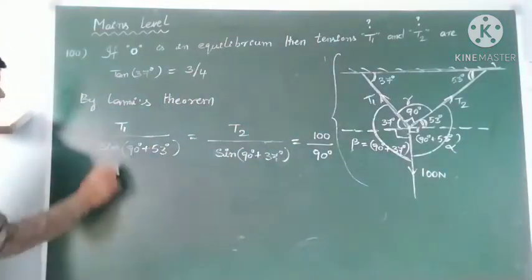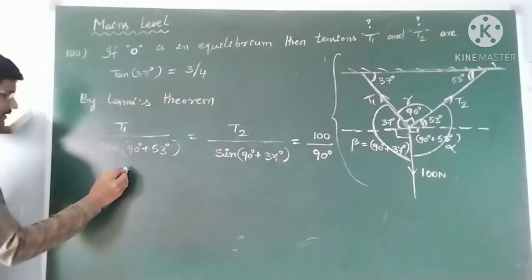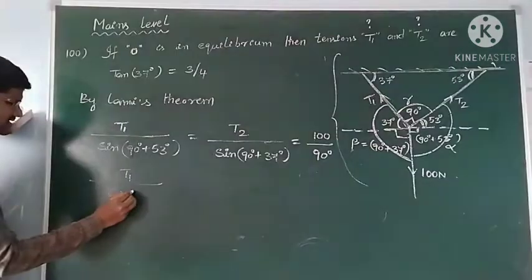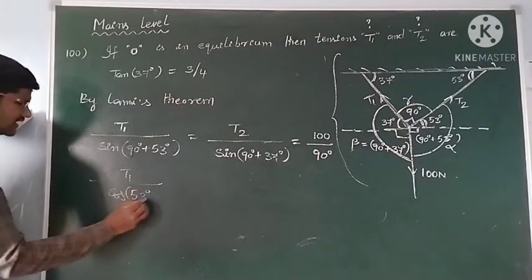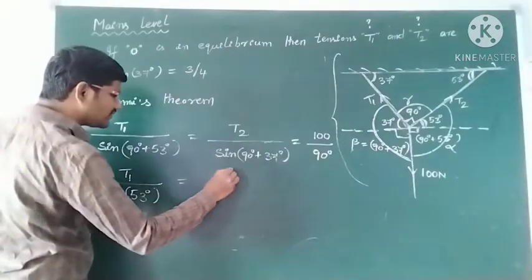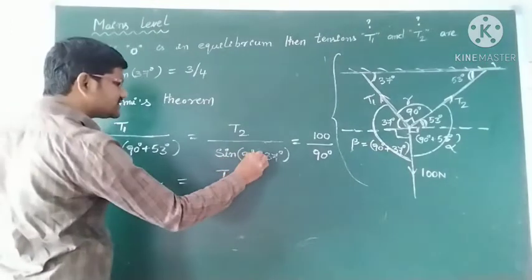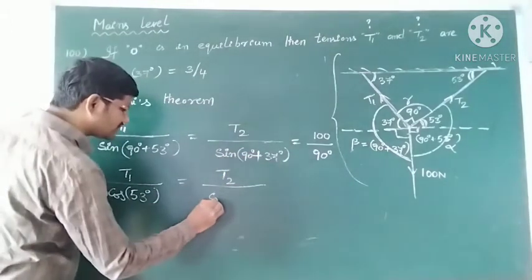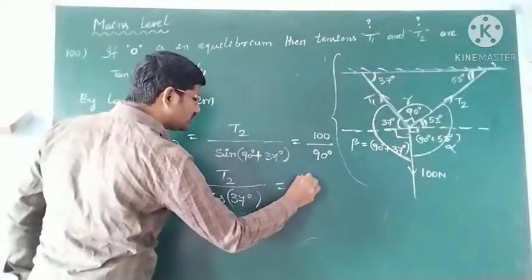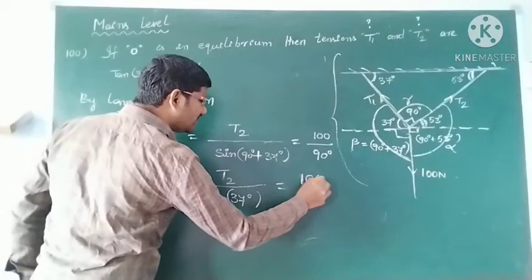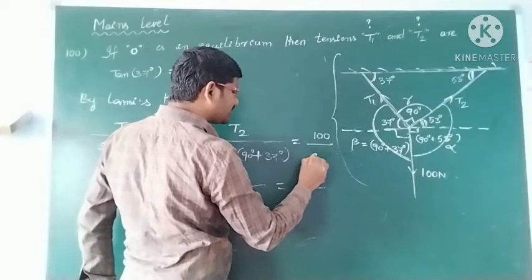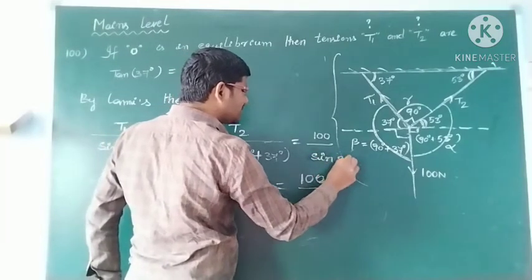Okay students, then T1 by sin of 90 plus 53, you write it as cos 53 degrees, and T2 by sin of 90 plus 37 degrees, which is cos 37 degrees, is equal to 100 by sin 90 degrees.